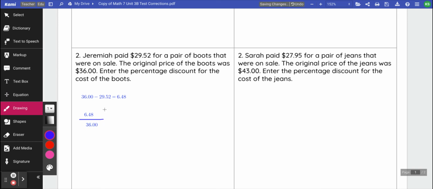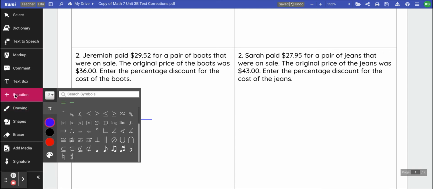And I know that the two ratios that I'm going to write are going to be equal to each other. It's covering where I want to type, so let's get rid of it.